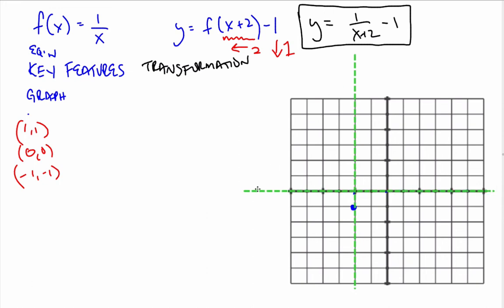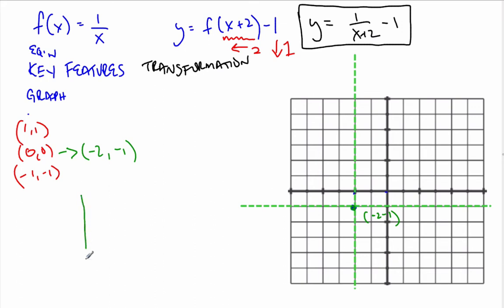This one I shifted over 2 and down 1. And then you can see that it's here. So this is my first key point, and it is negative 2, negative 1. Here's my pivot point. It's changed to negative 2, negative 1.